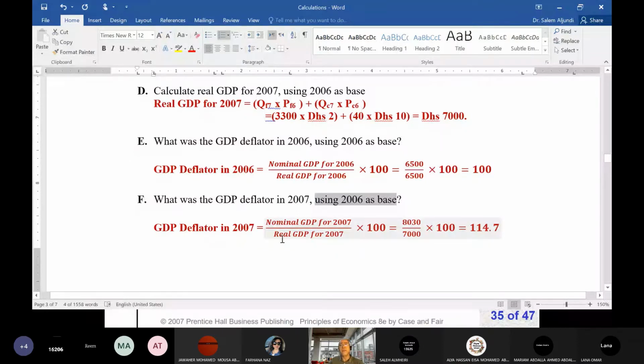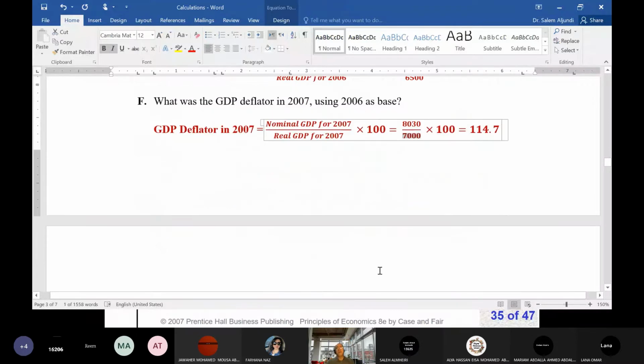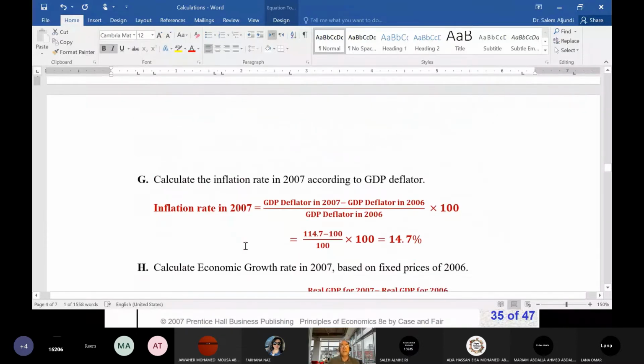Nominal GDP divided by real GDP times 100 for the same year. As we calculated before, nominal GDP 8,030, while real GDP 7,000, times 100, it is 114.7.